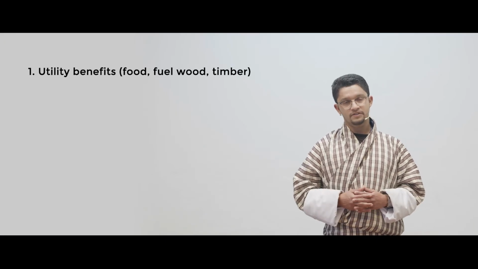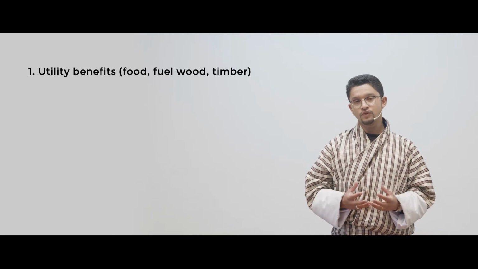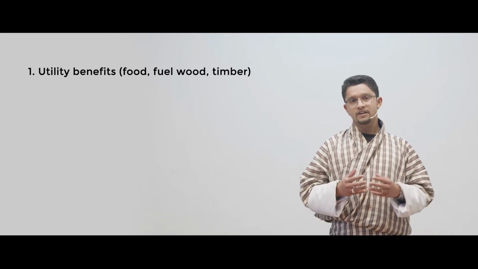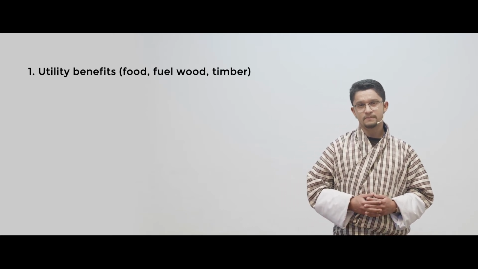To further add on that, we can be more specific in understanding the benefits of biodiversity. To classify the benefits, first we can say utility benefits. We derive utility benefits like we get food, we get timber, we get fuel wood. All these are utility benefits.